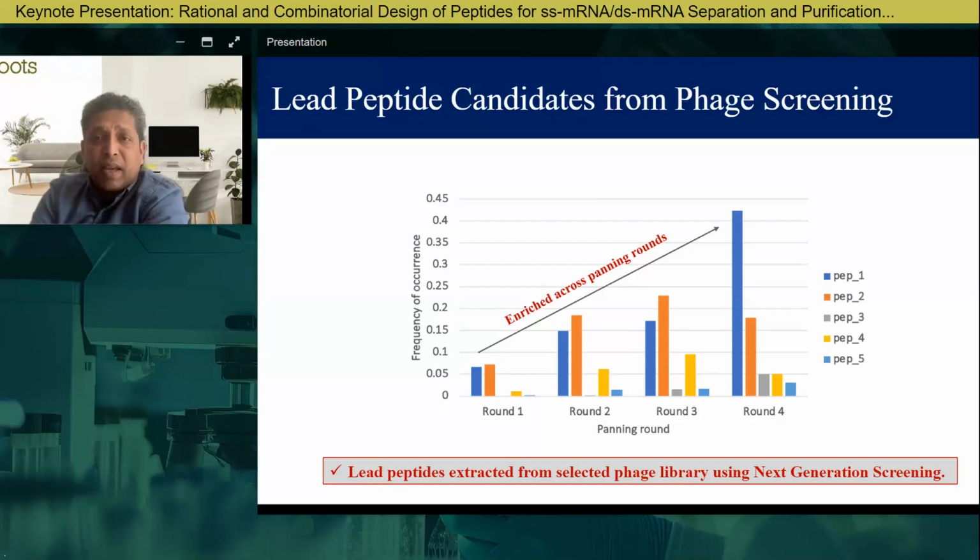So on the y-axis, we have frequency of occurrence. On the x-axis, we have identified and labeled 5 top candidates from each round of screening. And as you go from left to right, from round 1 through round 4, you'll see that these sequences are continuously enriched. And so we have further confidence that these sequences actually do show the performance attributes that we are looking for.